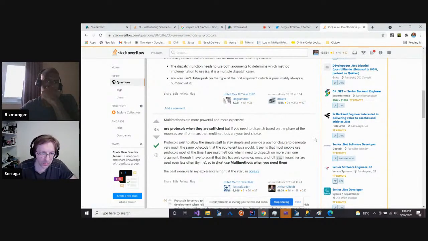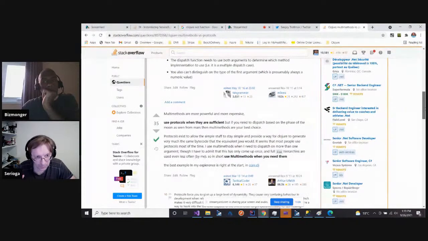Using protocols is closer to static type programming, because you can use protocols when the object you operate on has a specific type satisfying this protocol.